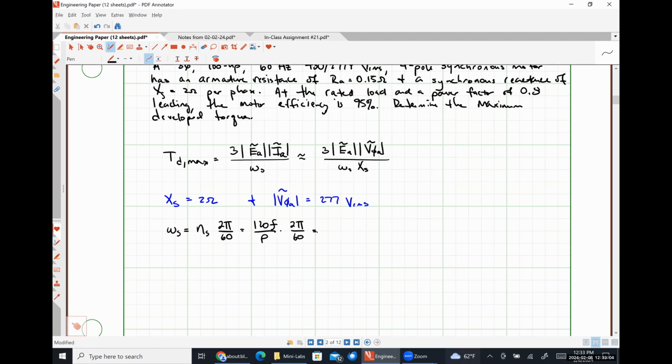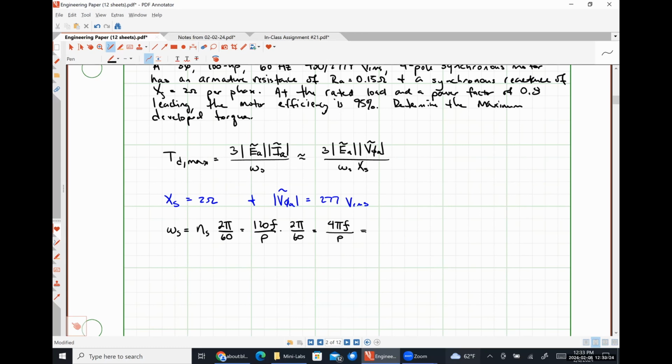And so this simplifies to 4 pi times our linear frequency divided by the number of poles is our angular speed of our motor, right?